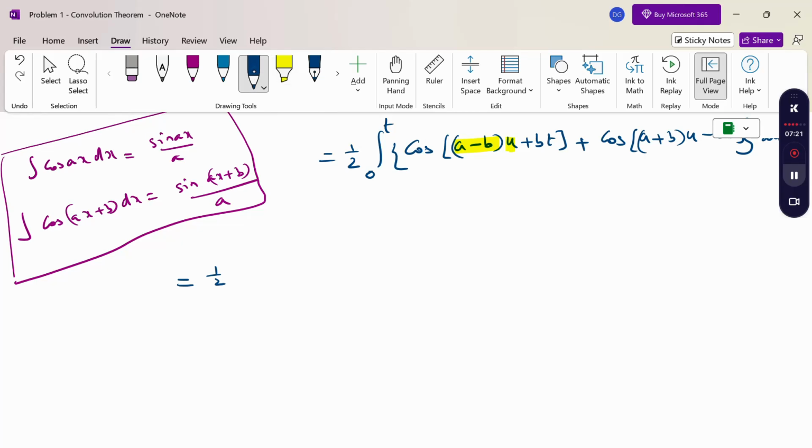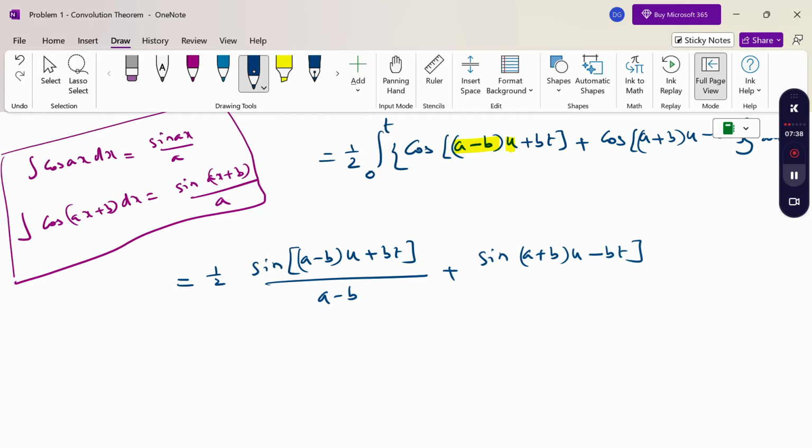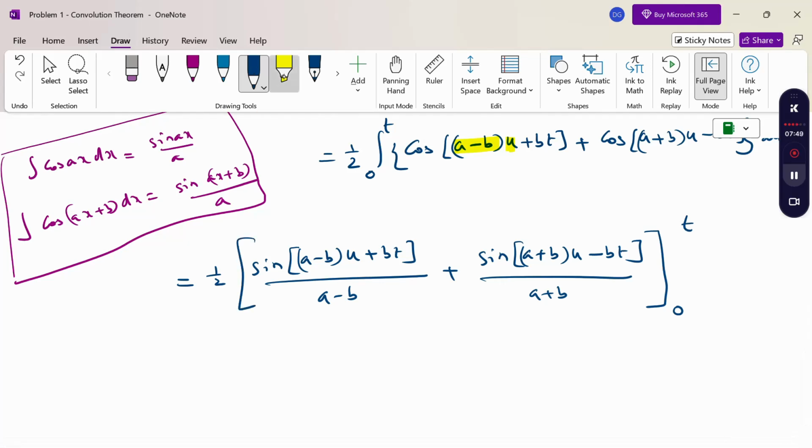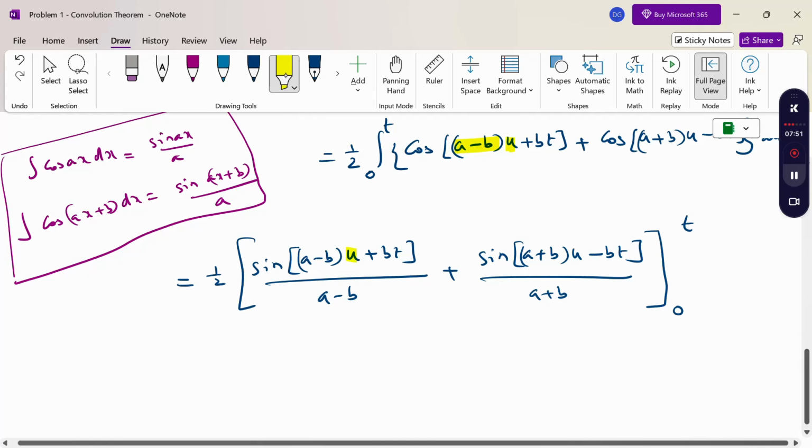Now when I am integrating, sin of (a minus b) into u plus bt, by a minus b, this is a constant, plus sin of (a plus b) into u minus bt, by a plus b, from 0 to t. Substitute upper limit minus lower limit. Where to substitute? u.